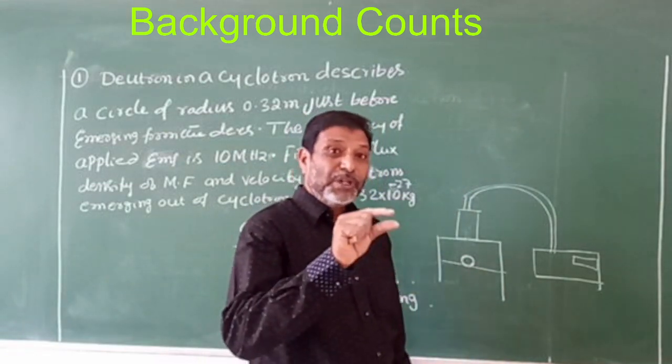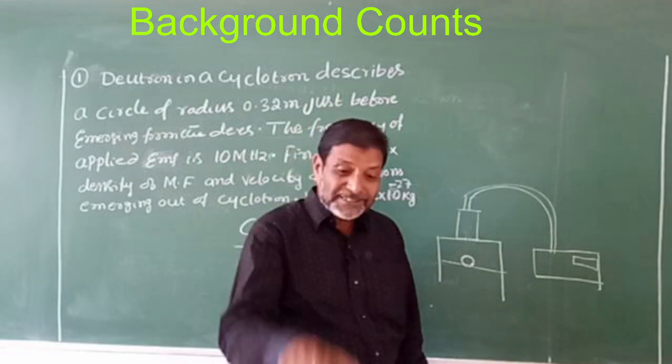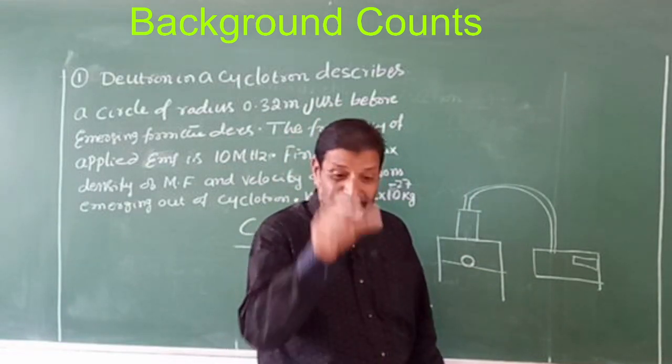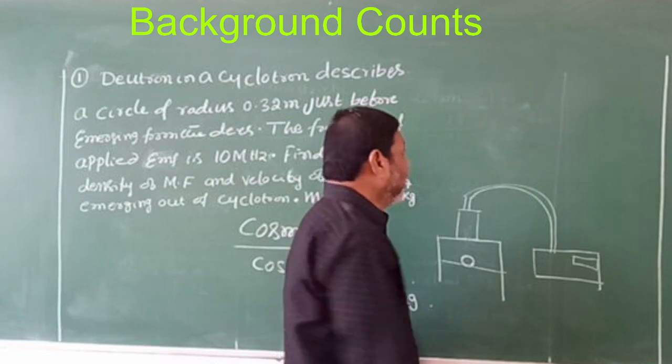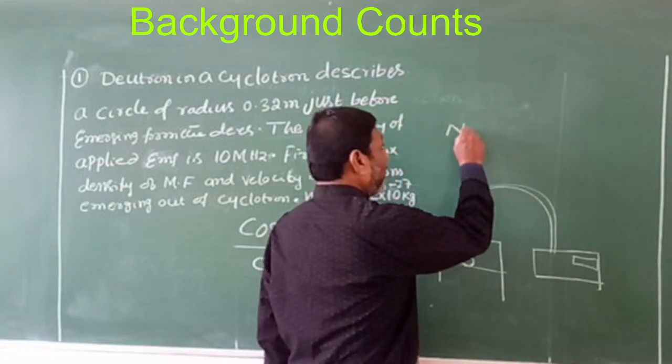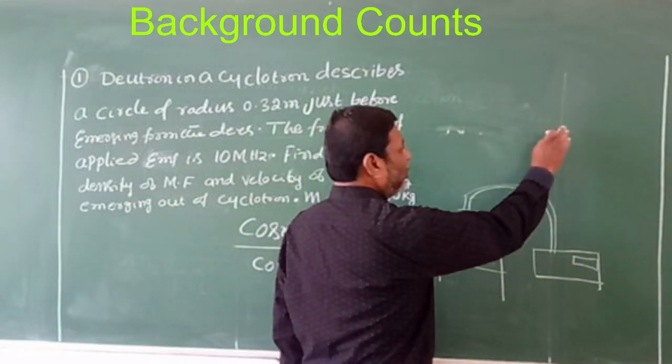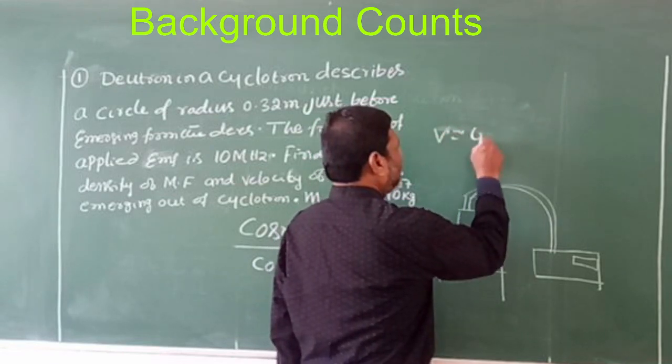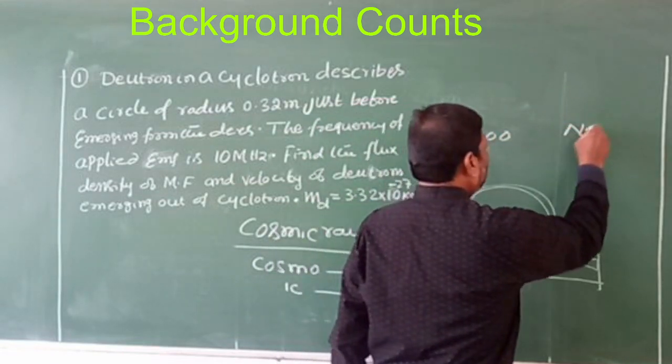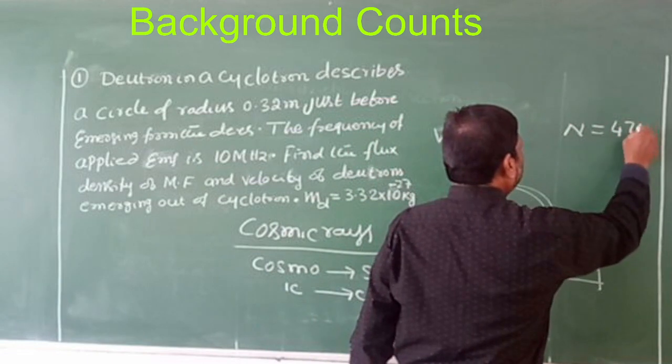In order to get the corrected counts, the last column is there. If you remember, first you find the number of counts at a particular voltage. For example, at 400 volts the number of counts n is equal to 470, and at 450 volts the number of counts is equal to 500, like this.